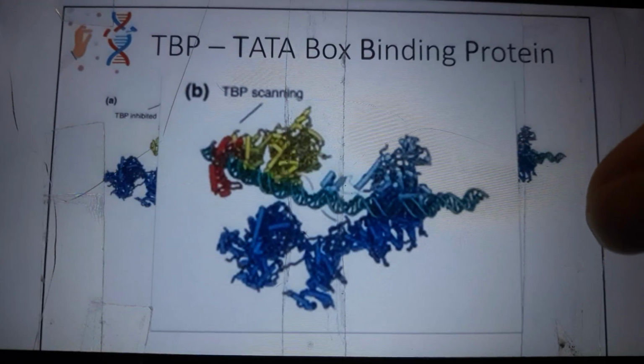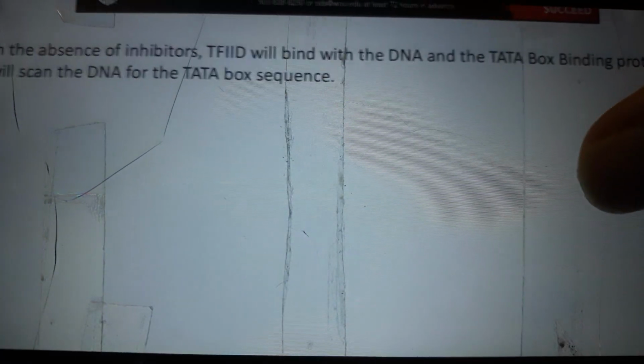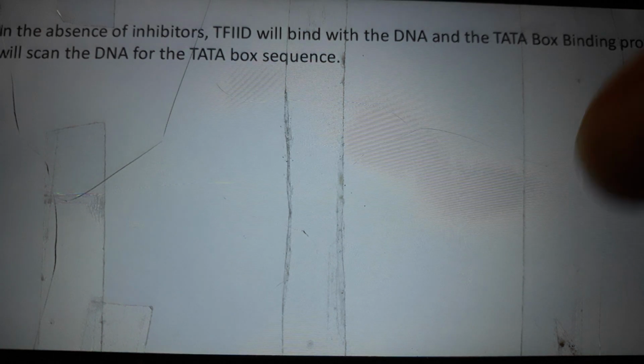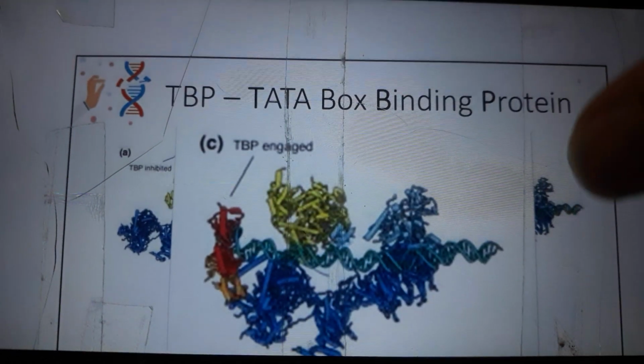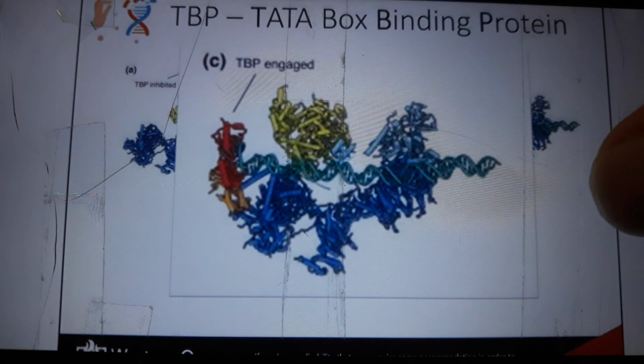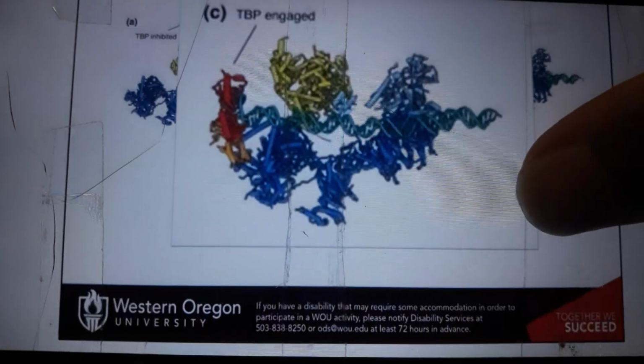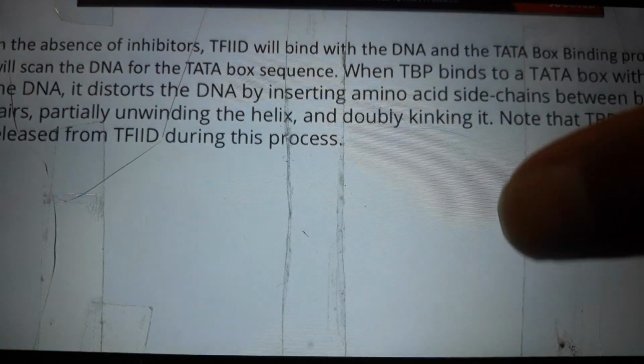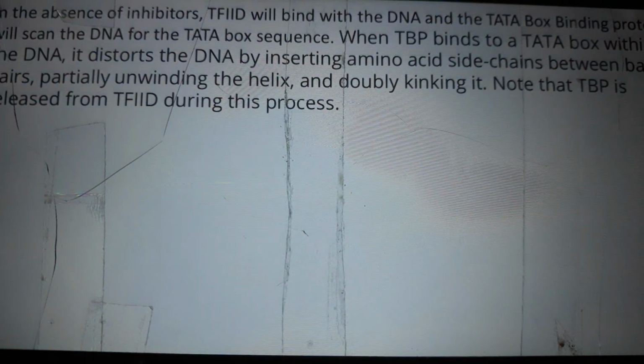In the absence of inhibitors, TF2D will bind with the DNA and the TATA-box binding protein, which scans the DNA for the TATA-box sequence.